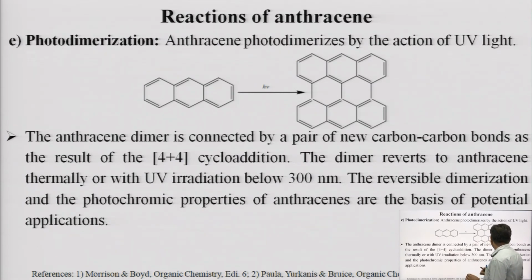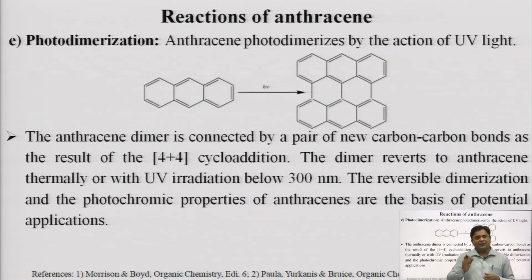The reversible dimerization and the photochromic properties of anthracene are the basis of potential applications. Again I am telling you this is a very important reaction. The mechanism through which this dimerization of anthracene occurs can be studied under the 4+4 cycloaddition reaction mechanism.